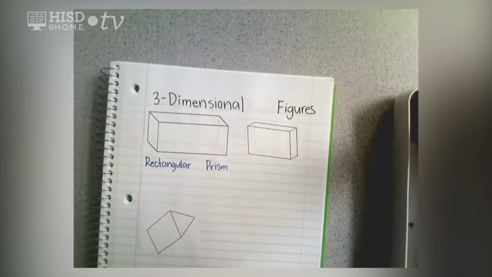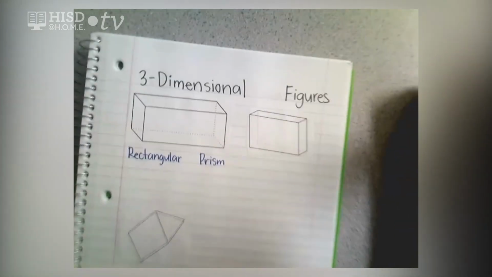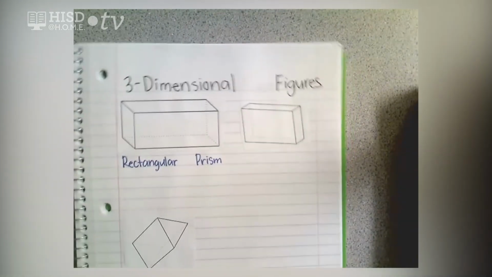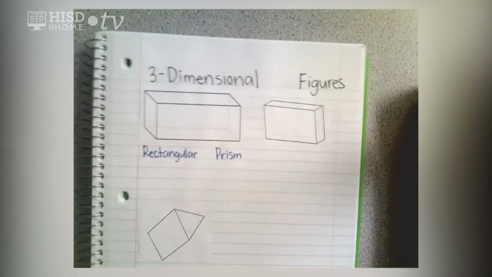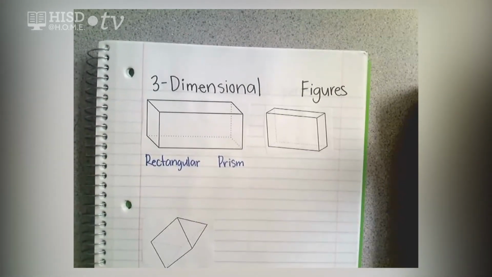I'm going to get a little closer. And on these rectangular prisms, we're going to look at what we did last week, which is vertices and faces. But we're also going to look at edges.